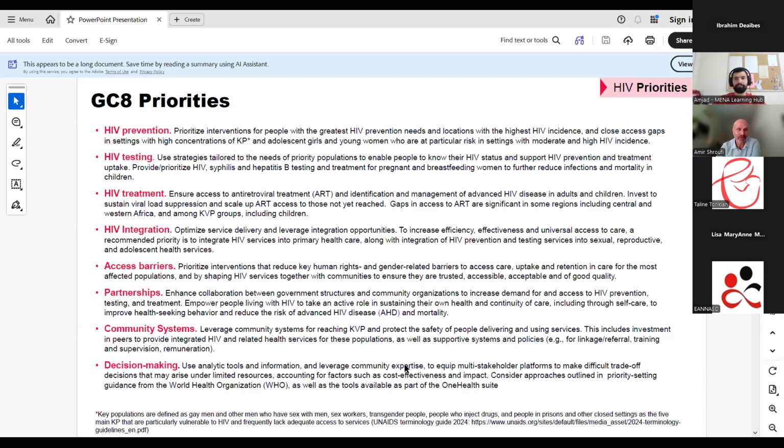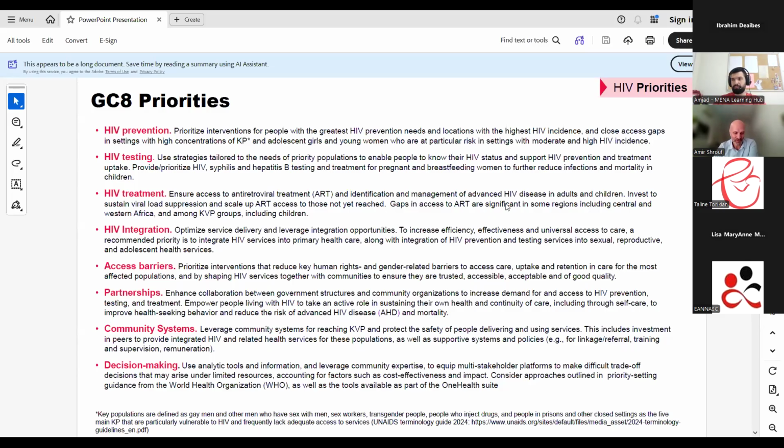I think the other thing that we are going to try to support countries on more for this cycle is around advanced HIV disease and really addressing mortality from HIV. So mortality has not declined to the extent and as fast as it should. And that is a key part of what we are all trying to achieve in the HIV response.